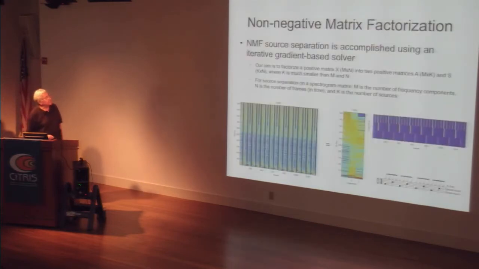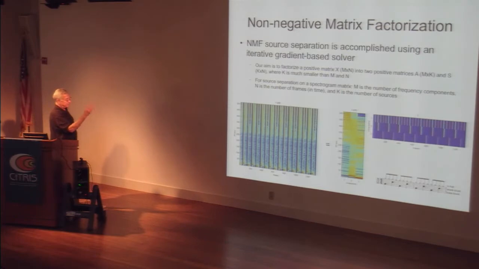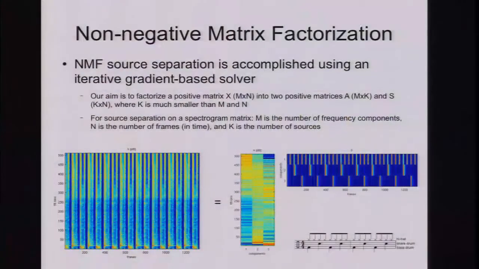So non-negative matrix factorization is explained here briefly. You can think of the spectrogram, which is on the left, as being the product of two matrices, one of which contains the frequency regions and so on of the various sources that we have. And here we're trying to separate a hi-hat from a snare drum and a bass drum.